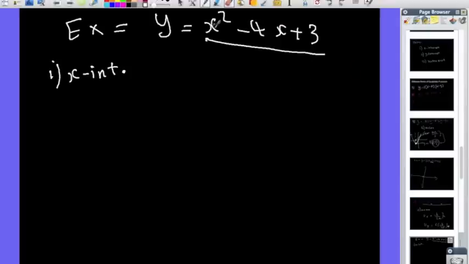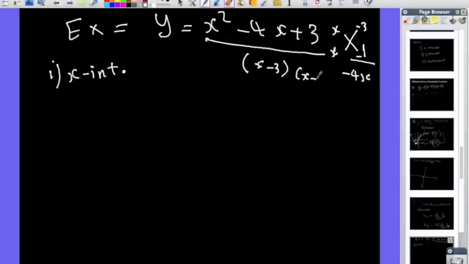How you do this one is, in order to do that you can just use factoring. So it would be 3 and 1, so it would be negative 4x. This one would be x minus 3 and x minus 1, right? So your x-intercepts are 1 and 3, right?